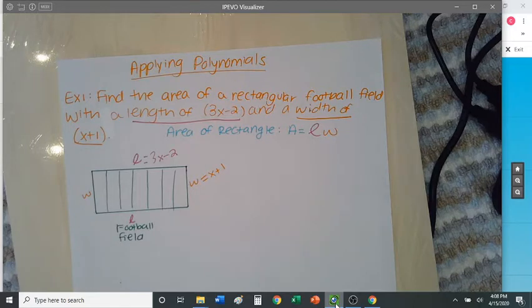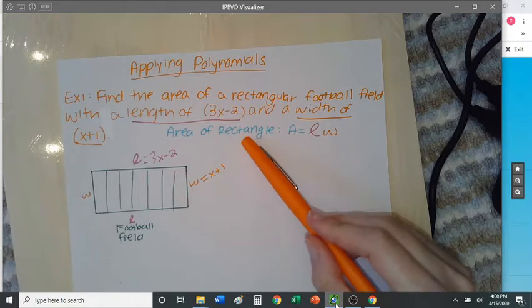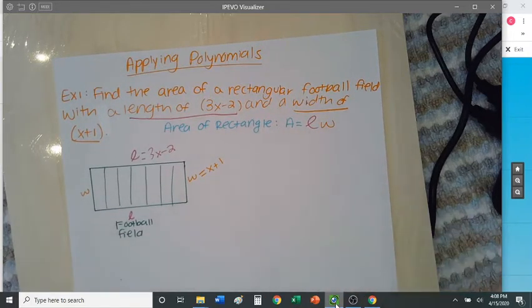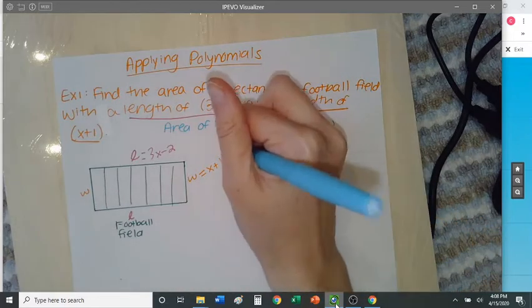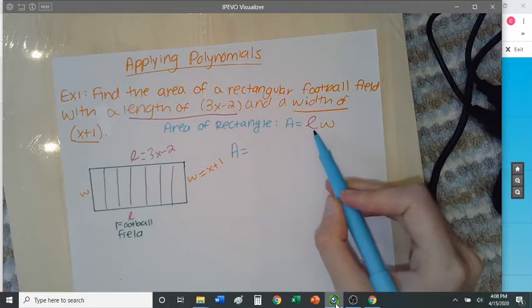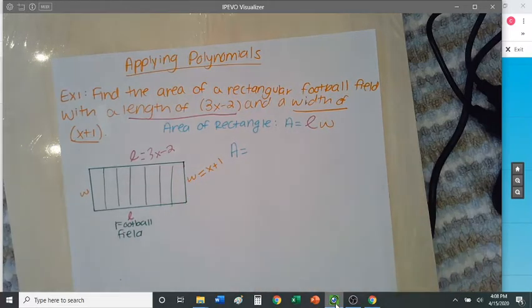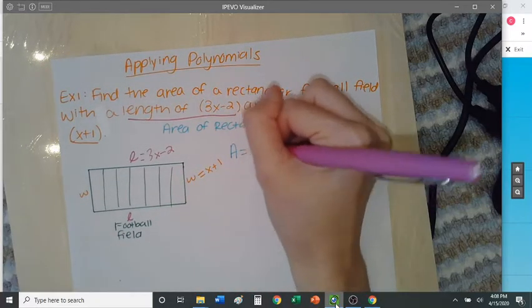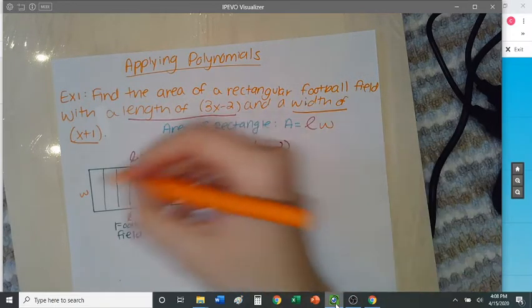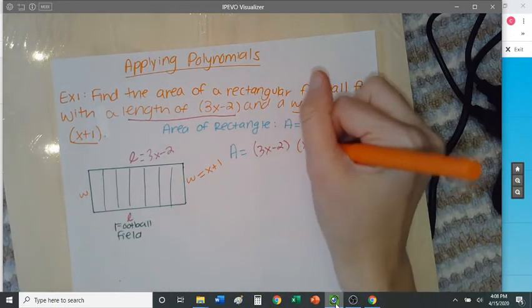If you didn't know, the way that you find the area of a rectangle is by multiplying the length to the width. So let's set up our problem. Big A is area. So area equals the length, which is 3x minus 2, times the width, which is x plus 1.